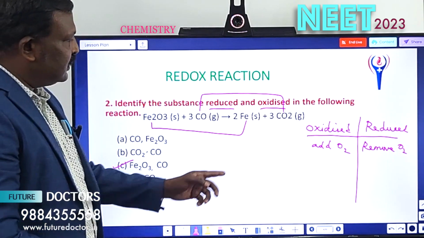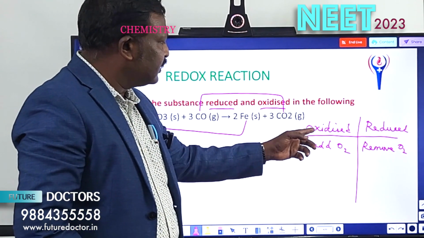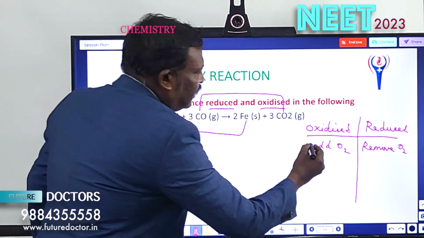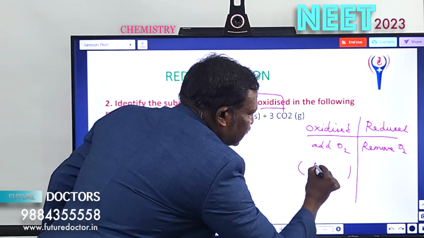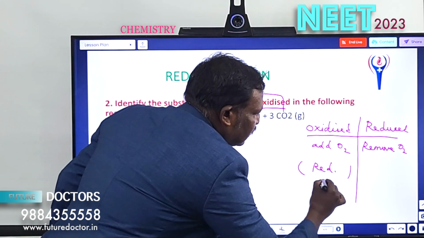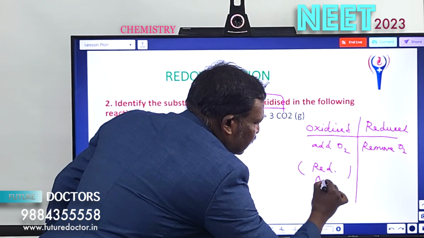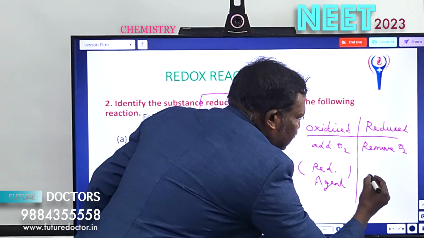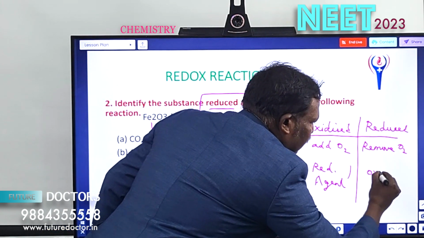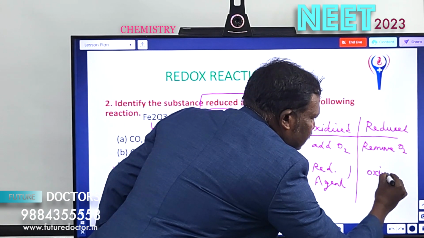Understood? Sometimes they will ask the same thing in a different way. Oxidized species otherwise is called reducing agent. This also just note down. Oxidized species is called reducing agent. Then reduced species is called oxidizing agent.